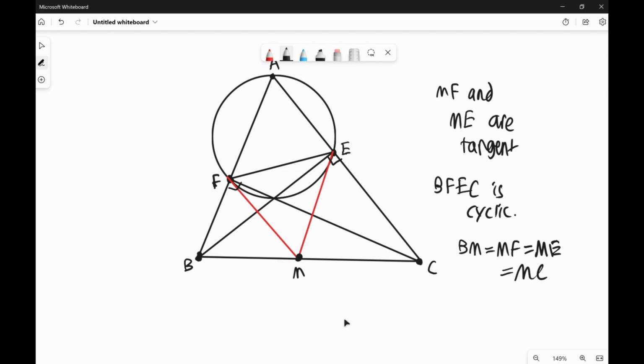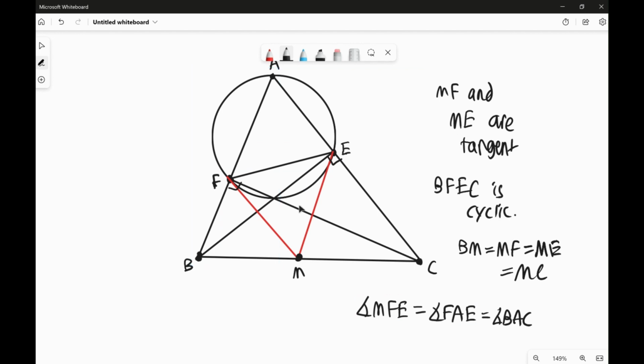A very common technique in proving that a line is tangent to a circumcircle is proving that the directed angle MFE, where directed angles are positive if the angles are clockwise and negative otherwise when counterclockwise, is equal to the directed angle FAE, which ends up being, because F lies on line AB and E lies on line AC, the directed angle BAC. So that's what we want to prove.